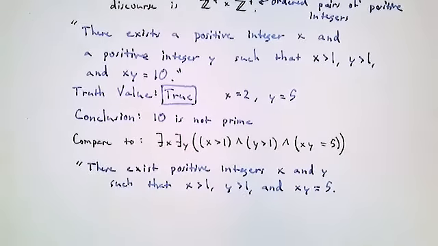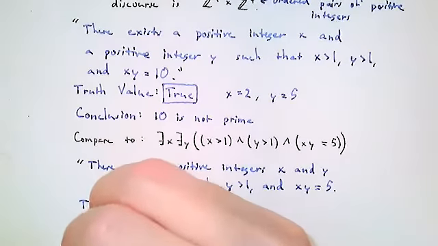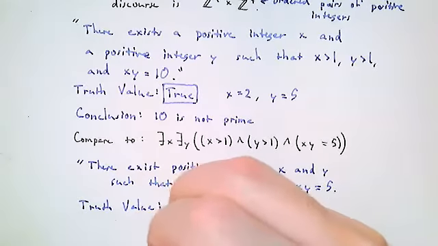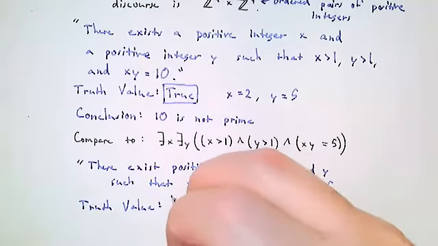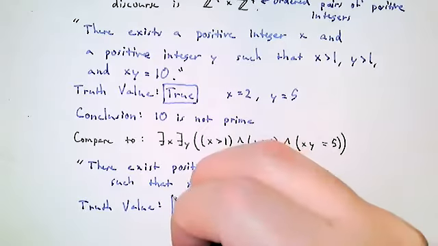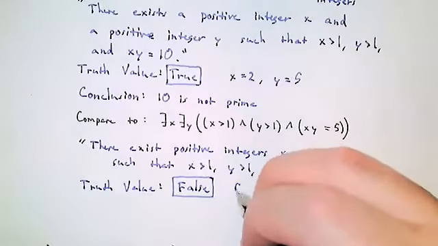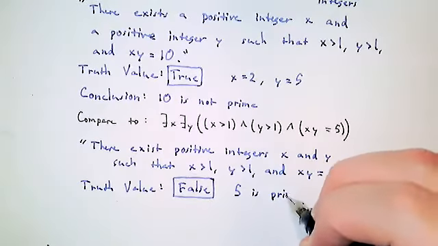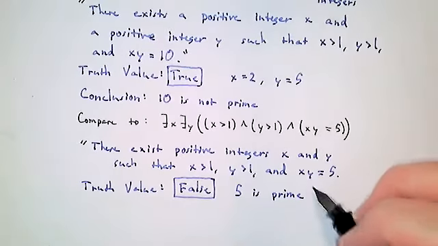Is this true or false? False. Right. Why is it false? Because 5 is a prime number. Good. So because 5 is prime, we can't factor it into positive integers. Good.